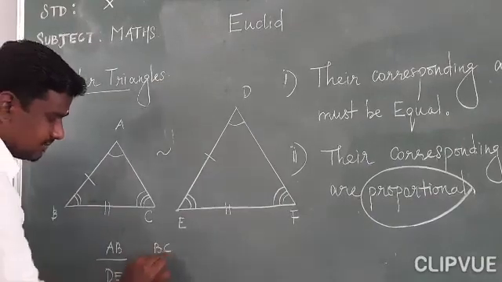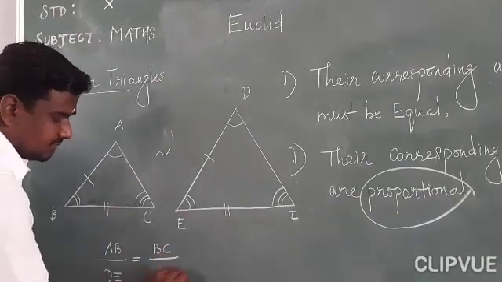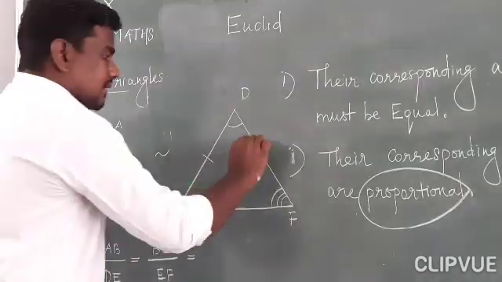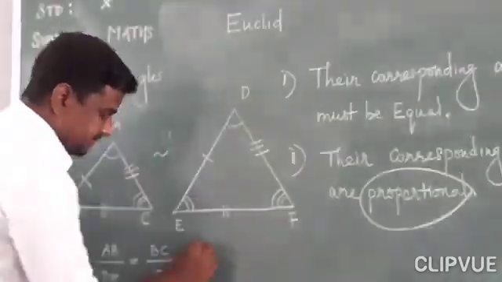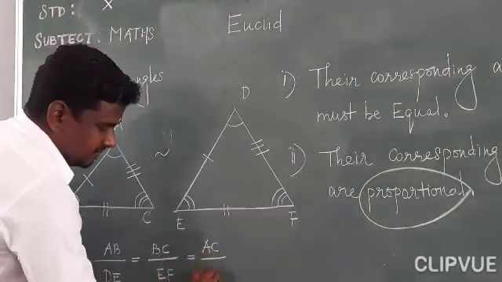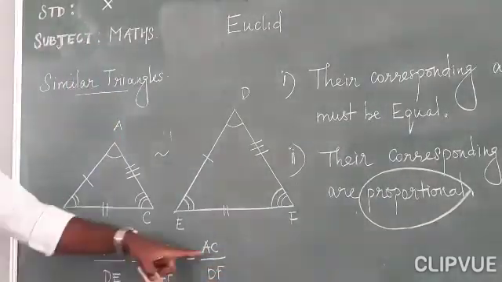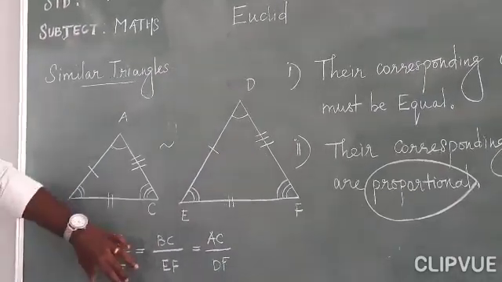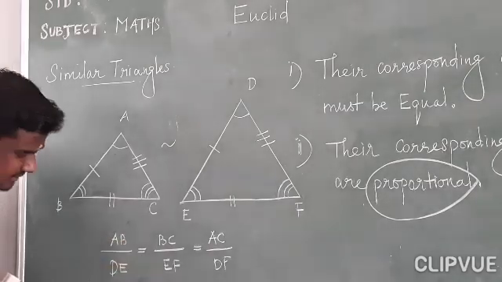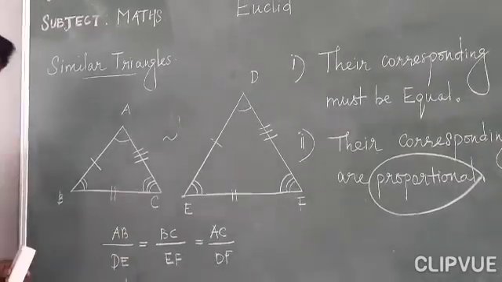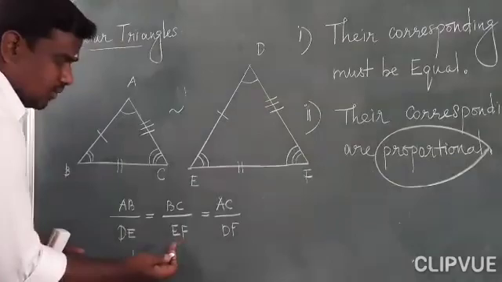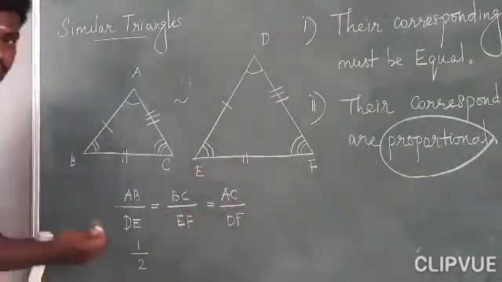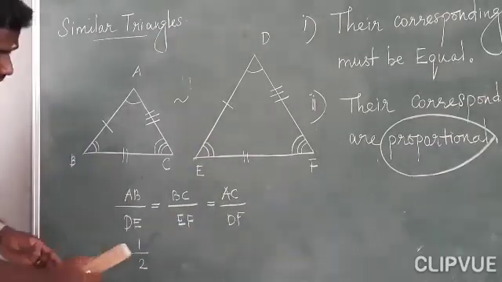So BC by EF, which is equal to the third one, AC corresponds to DF. If AB by DE is 1 by 2, then the value of BC by EF and AC by DF must be 1 by 2. That is the meaning.